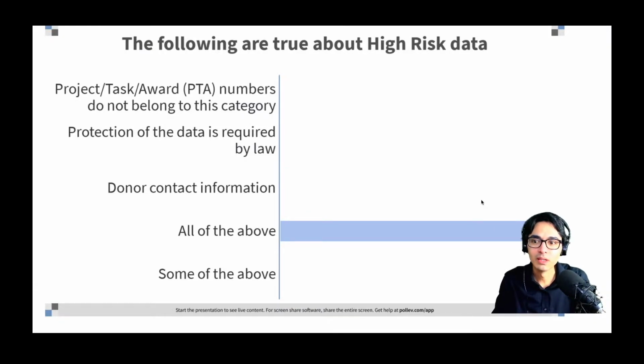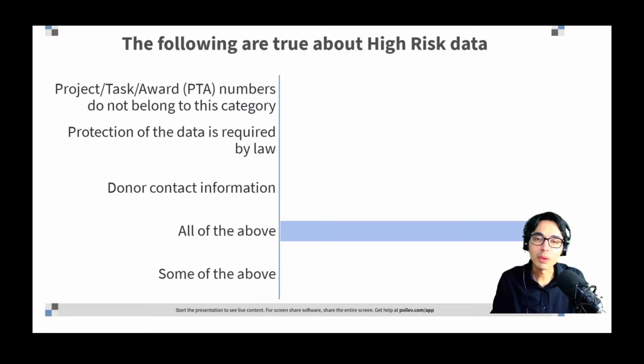In this case, the answer is all of the above, because the protection of high risk data is required by law. And Stanford even has some reporting duties in case there is a breach in the use of the data.